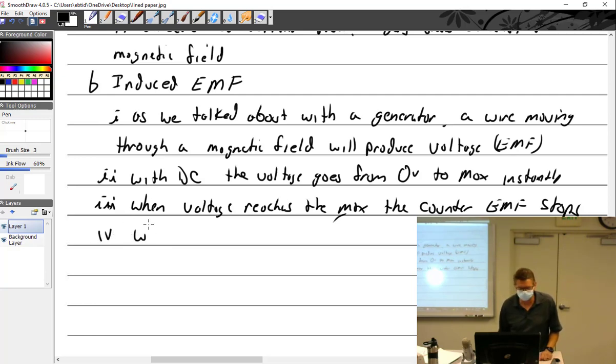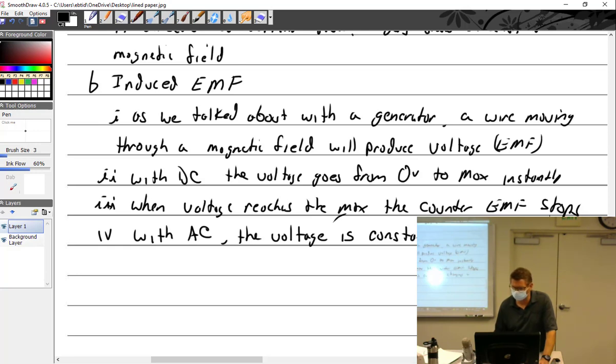So, with AC, the voltage is constantly changing direction, obviously, and amplitude.